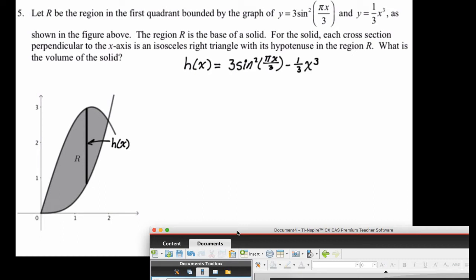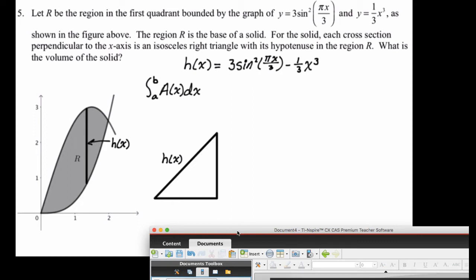And then I know that in general, for known cross sections, you always want to just integrate from start to stop the area of a cross section. So that's my goal. Now I need to work out what the area of a cross section is. It's an isosceles right triangle, so the hypotenuse is h of x. It's side, side, side root 2.